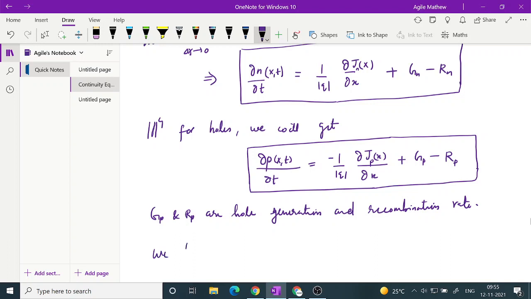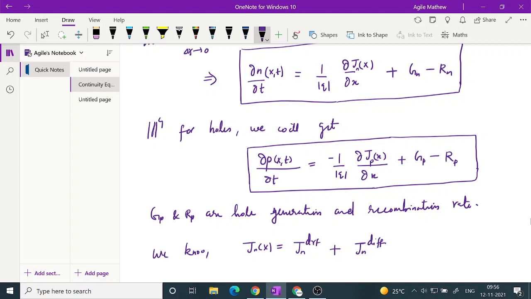We know Jn of x, what is it? We have Jn drift plus Jn diffusion.